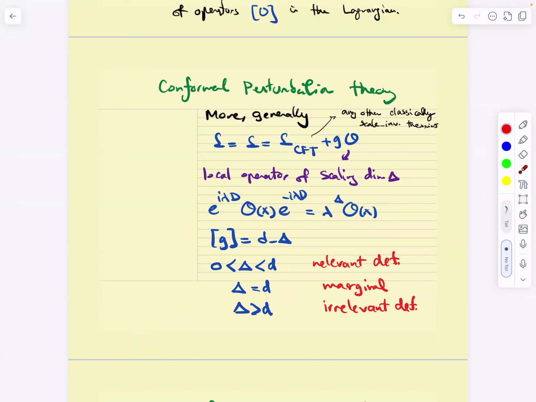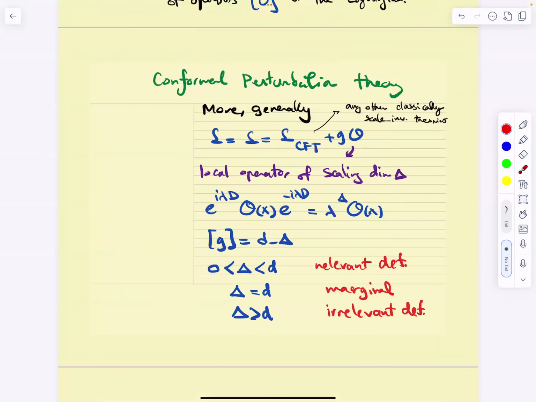Questions? I encourage you guys to think about this. This is really the language that has completely dominated our understanding of quantum field theory these days in high energy physics and condensed matter theory, actually.